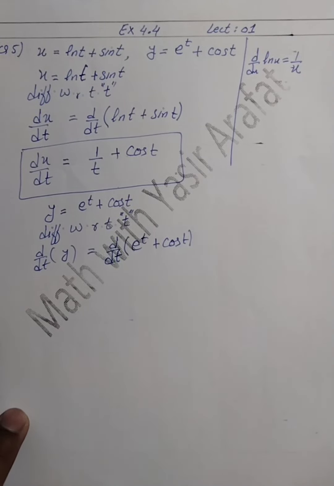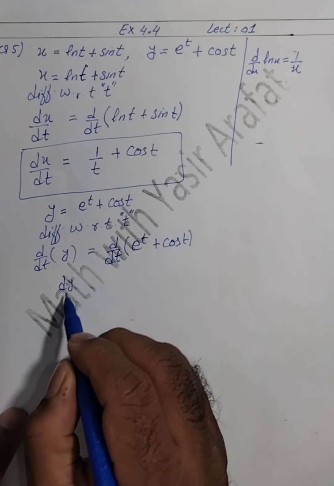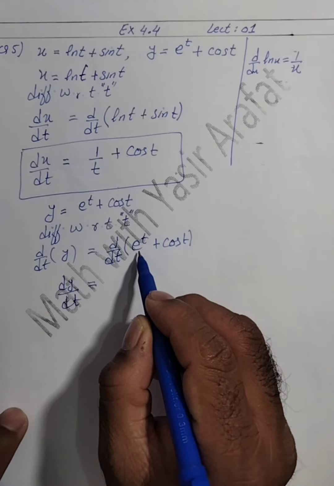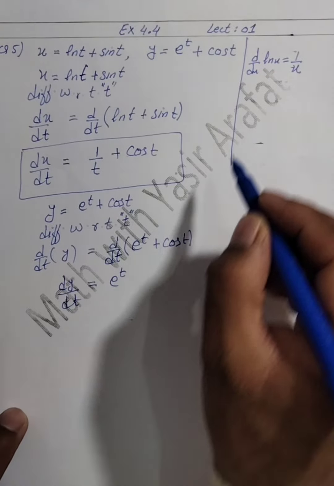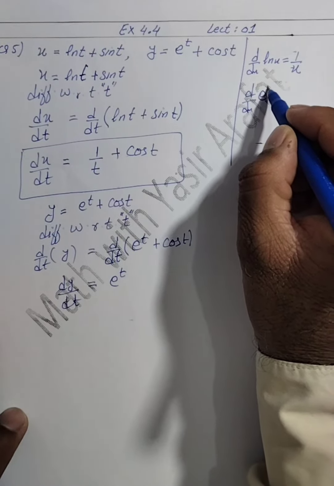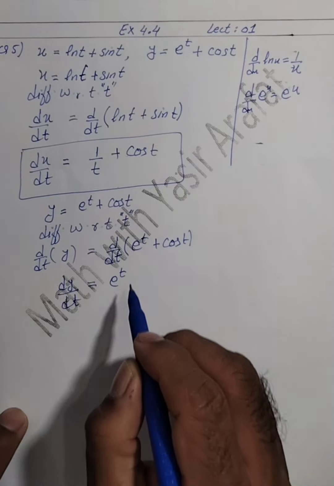So this is here the derivative of y, dy over dt. Here the derivative of e to the t remains the same, because we have the formula of the exponential function e to the x remains the same.